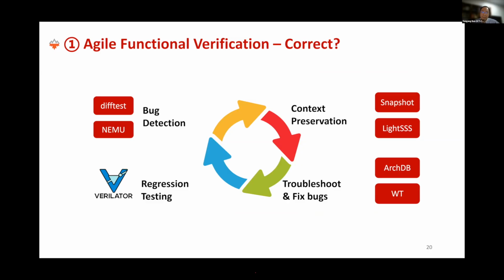One is to perform agile functional verification, which means we need to verify whether the design, or the modification to the Chisel code, is correct or not. So here is the loop of agile functional verification, and the red boxes are our self-built tools.